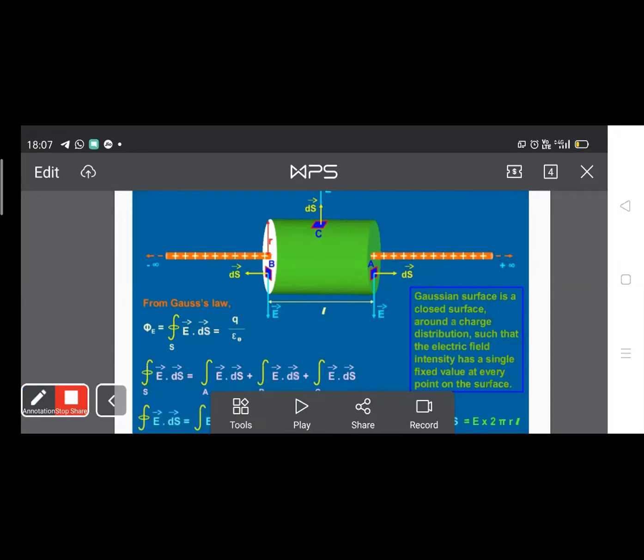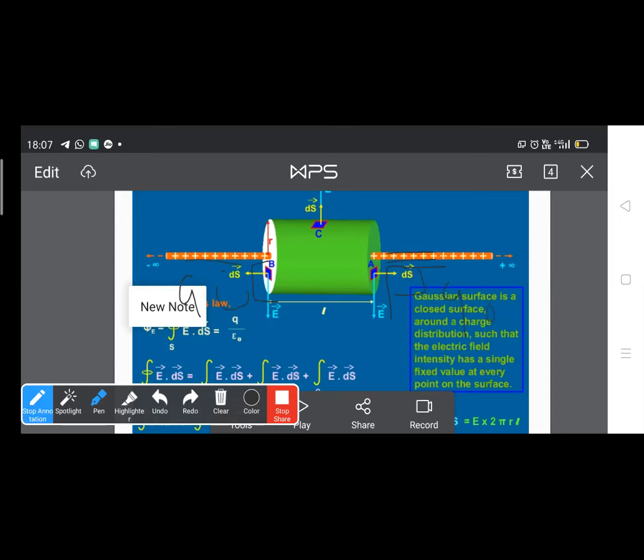Clear? Now applying Gauss theorem. Gauss theorem: the surface integral of E dot dS equals Q upon epsilon naught. The charge enclosed within the Gaussian surface is Q equals lambda L. We already know about it. Clear?